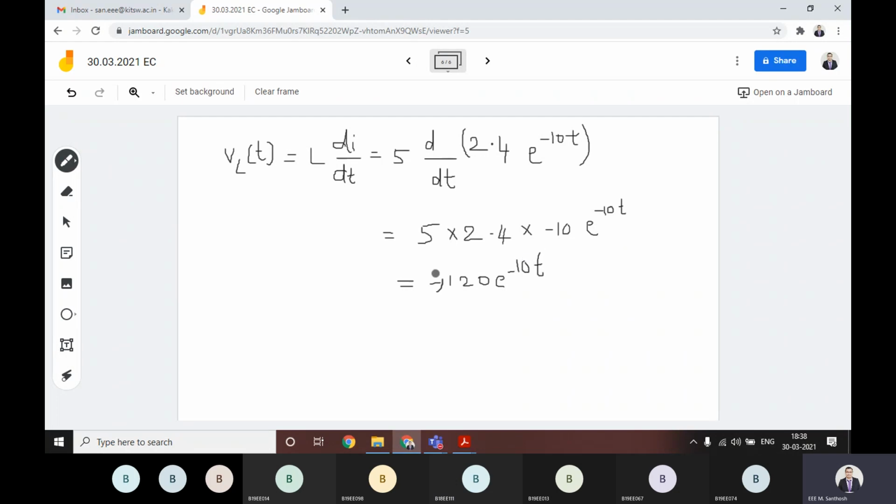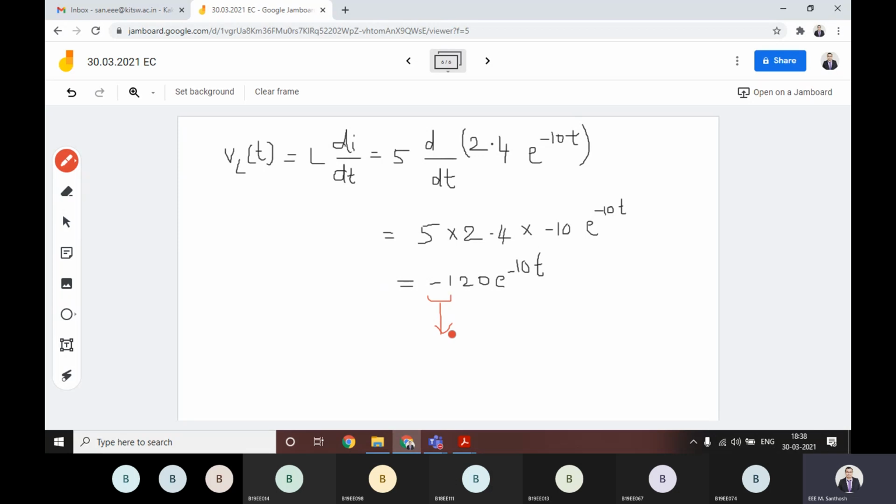Why we are getting minus here for voltage? Can anyone tell us? The reason for this is here voltage we are getting the minus. Whenever you are getting this minus in case of voltage, this is indicating that your inductor is acting like an active element.